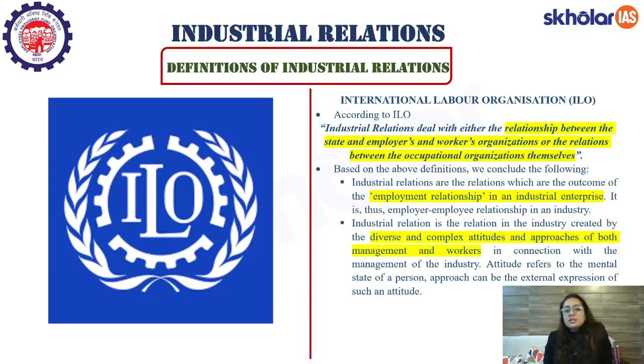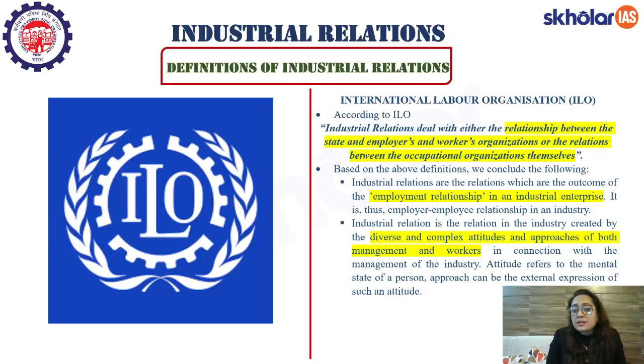Then industrial relation is the relation in the industry created by the diverse and complex attitudes and approaches of both management and workers in connection with the management of the industry. Remember Ted and Henry's definition, they talk about attitudes and approaches of both management and worker.